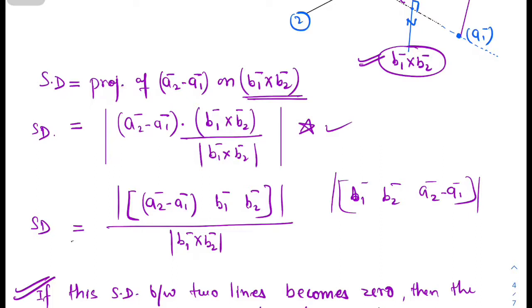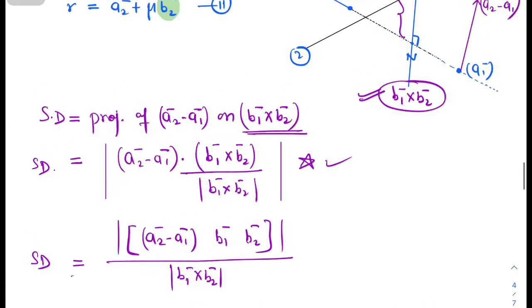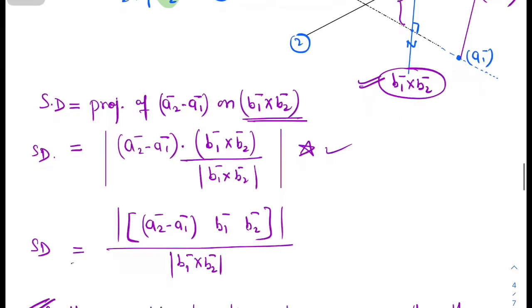If you write b2, a1 minus a2 and b1, this is also correct. There is no need to memorize the order. b1, b2 can come later, it can come earlier, because ultimately you are going to take the absolute value, because distance cannot be negative.